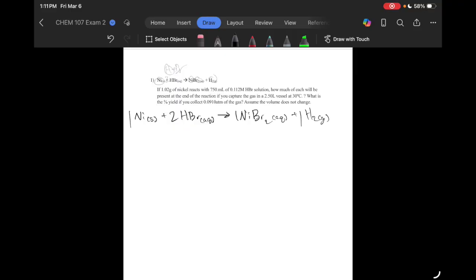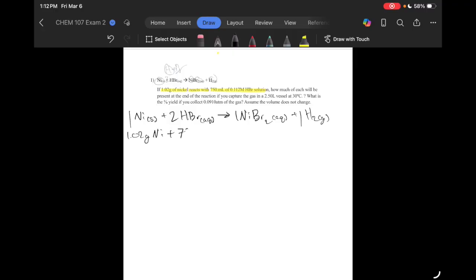It's giving us some values of the reaction, and then we can input these underneath the corresponding term. For example, right here we have 1.02 grams of nickel. So right here under nickel, we can do 1.02 grams of nickel reacts with 750 milliliters of a 0.112 molar HBr solution.